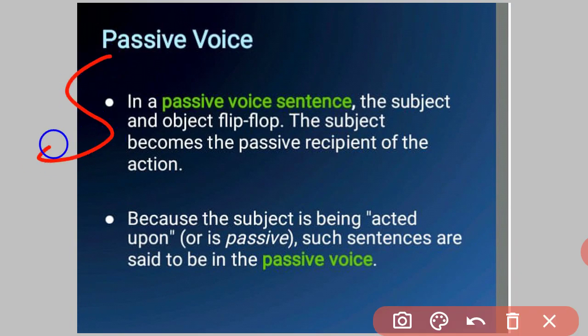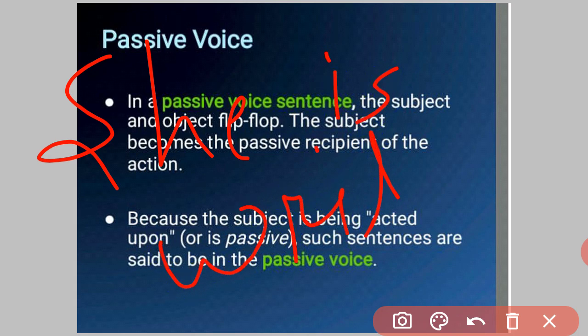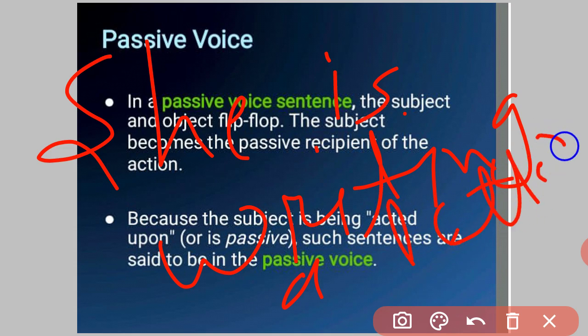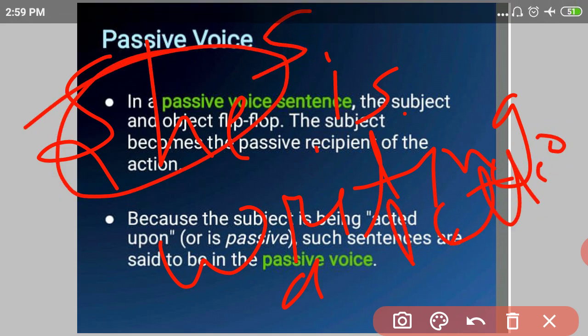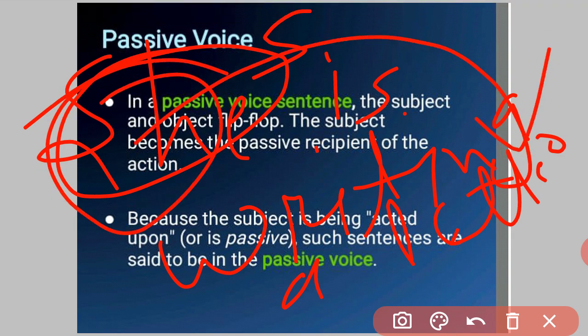For example, she is writing a letter. Definitely in this sentence, she is your subject. But if I write she at the last of the sentence, it will become an object. But in that place, you can't write it as she. You have to change it to the objective form. That we will discuss later.